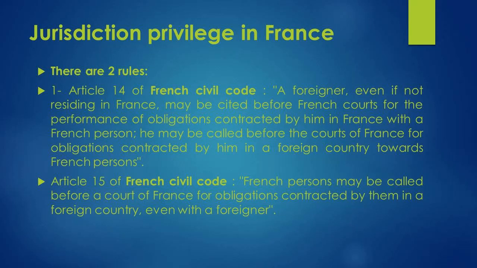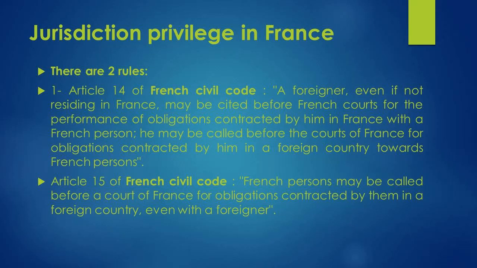So if the plaintiff is French and the defendant has his domicile abroad, he can seize the French courts only because the plaintiff is French. So it's based only on nationality and not domicile, even if the plaintiff has a domicile abroad. Here we don't take care about the domicile, we take care about the nationality of the plaintiff in 14 and the defendant in 15.